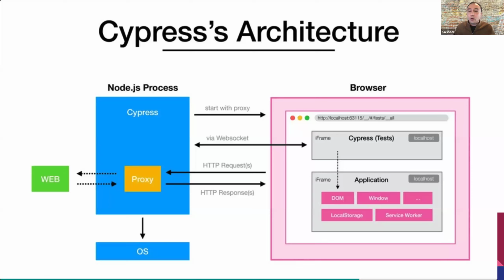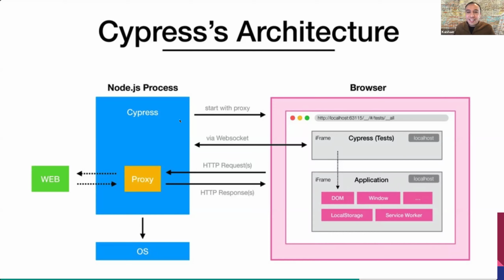Let's take a look at how Cypress works under the hood. Cypress operates differently from traditional testing frameworks by running directly inside the browser, giving it more control over the application under test. Let's break down its workflow using this image. On the left side, Cypress starts within a Node.js process.